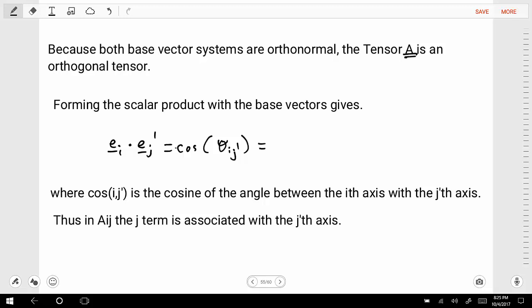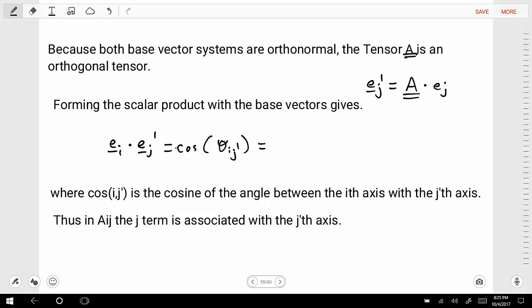And we can, of course, rearrange this if we remember that our new base vector is equal to a transformation tensor dot our original system.